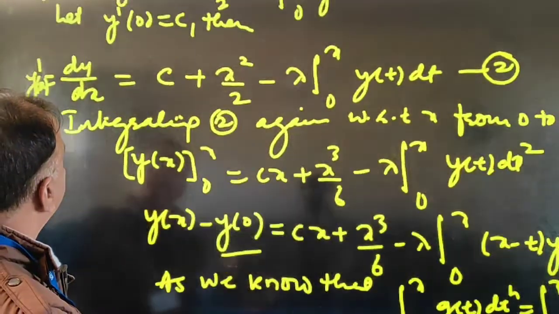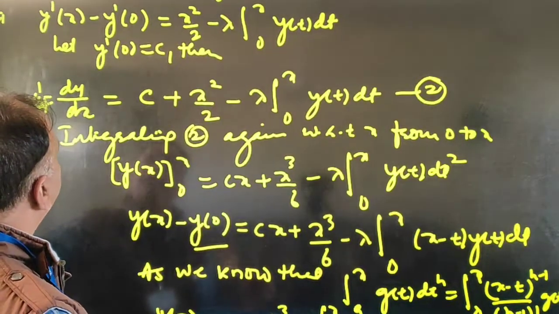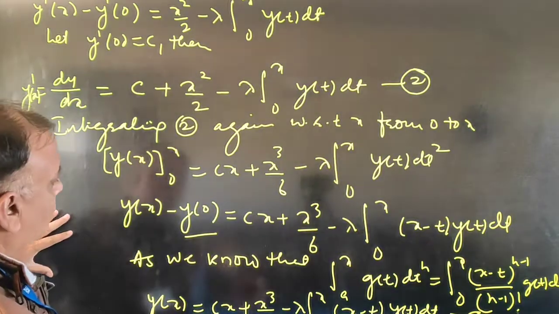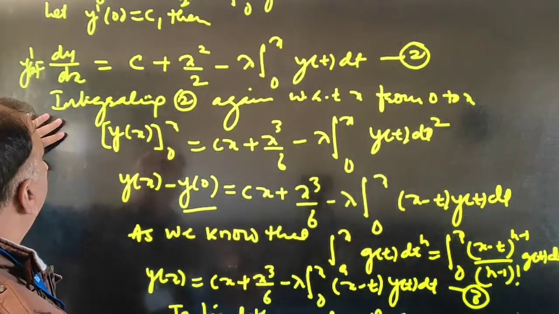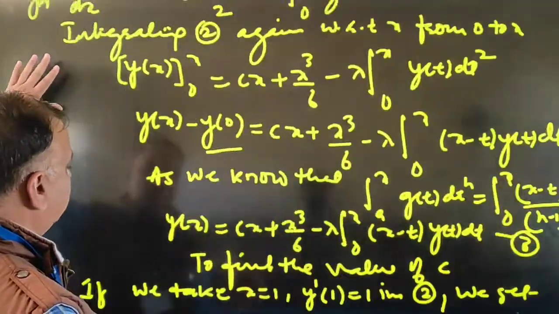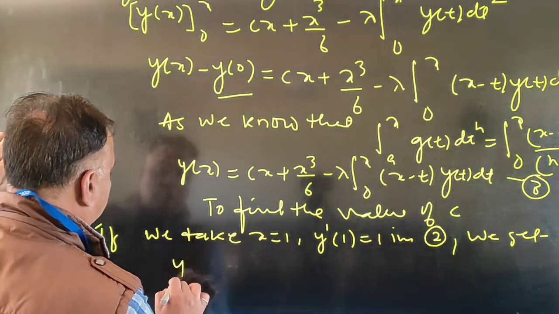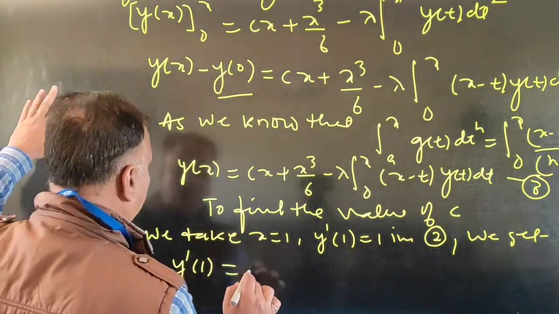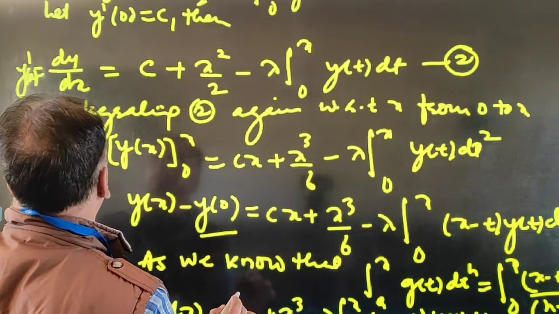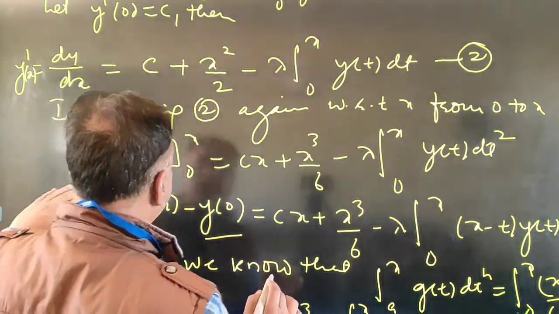This is y dash x. So we get y dash 1, that is 1. Y dash 1 is equal to c plus x square by 2.